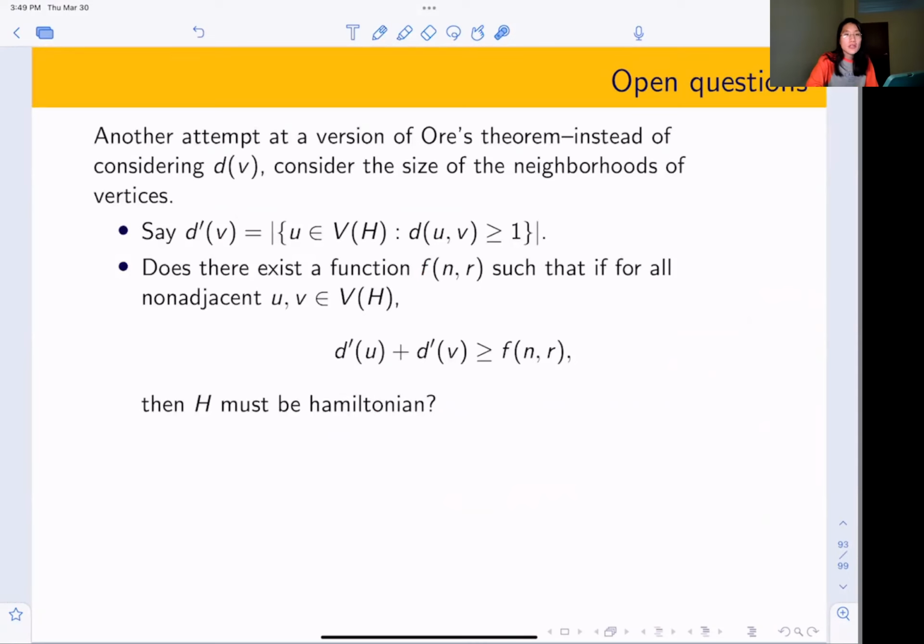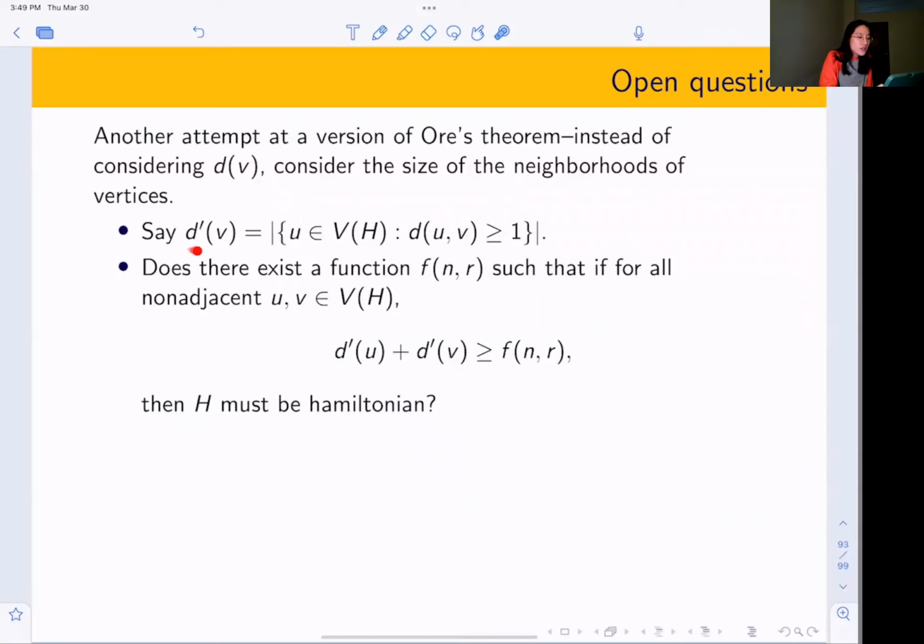So as another attempt, if you wanted to prove some sort of Ore's theorem, what you could try to do is, instead of looking at just the degrees in terms of the number of edges, maybe you look at the size of the neighborhoods, so the number of vertices that each vertex is adjacent to. This is equivalent to the degree in the 2-shadow, if you're familiar with that terminology.